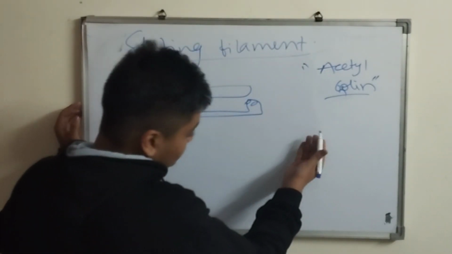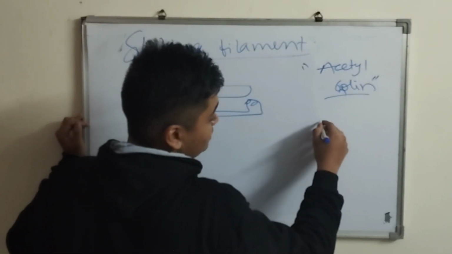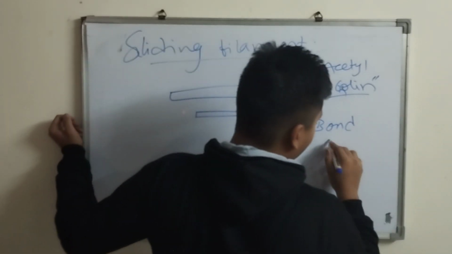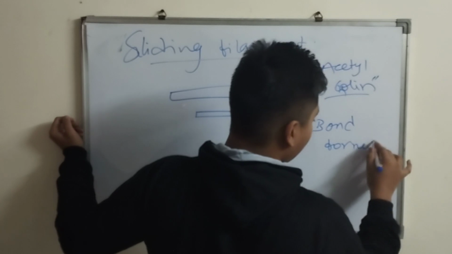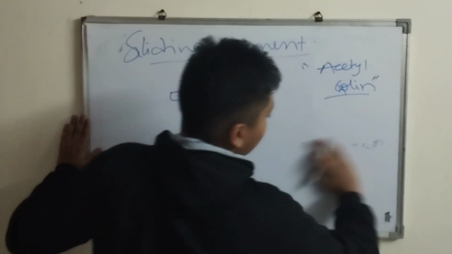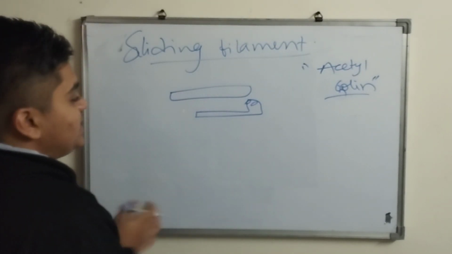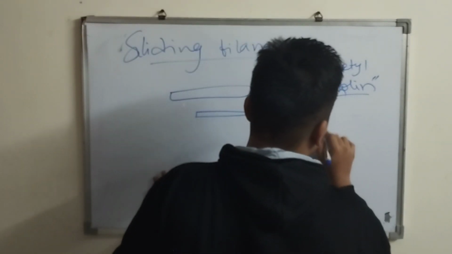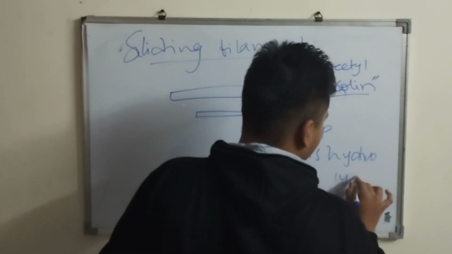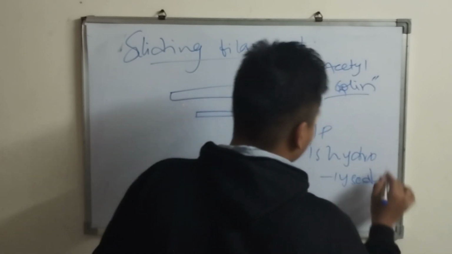And for binding we require energy. In chemistry also you have learned, for bond formation you require energy, for bond breaking energy is not required, energy is released. So here we are trying to make new bonds, so energy is required, and ATP is hydrolyzed. What is hydrolyzed? Broken down.